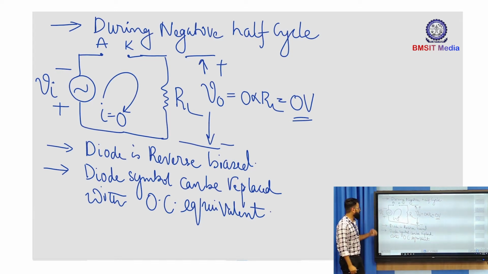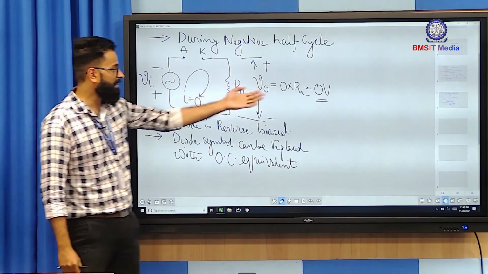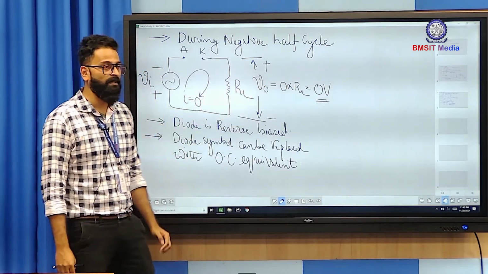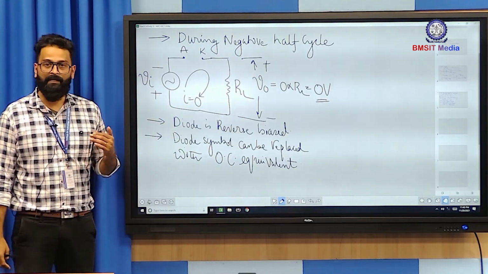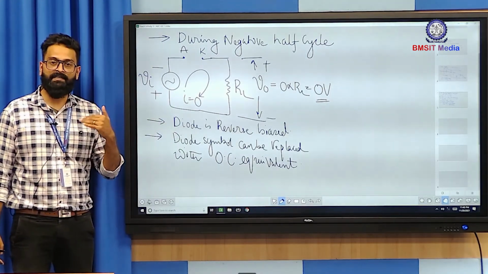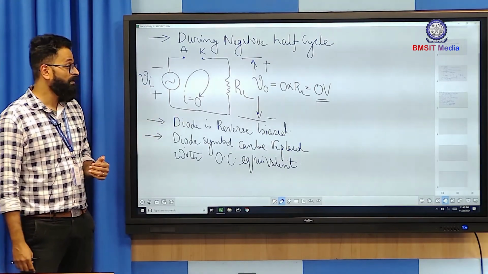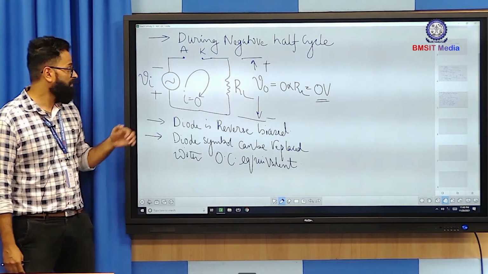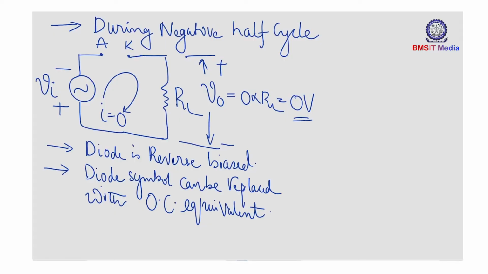So what is happening in the circuit is that during the negative half cycle you get the output voltage as 0. So this particular clipping circuit allows the positive half cycle of the input to appear across the output, and it blocks the negative half cycle of the input. So finally we can draw the waveforms.